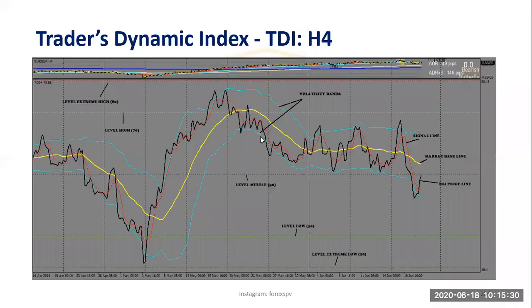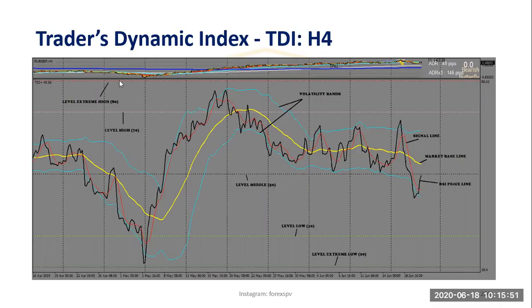The TDI. So here are the parts of the TDI, and I usually use the TDI on the hour time frame. We have the level extreme high, just like the RSI.